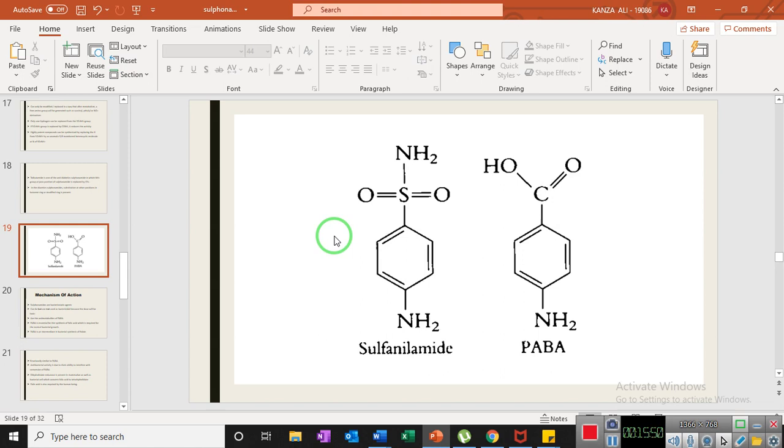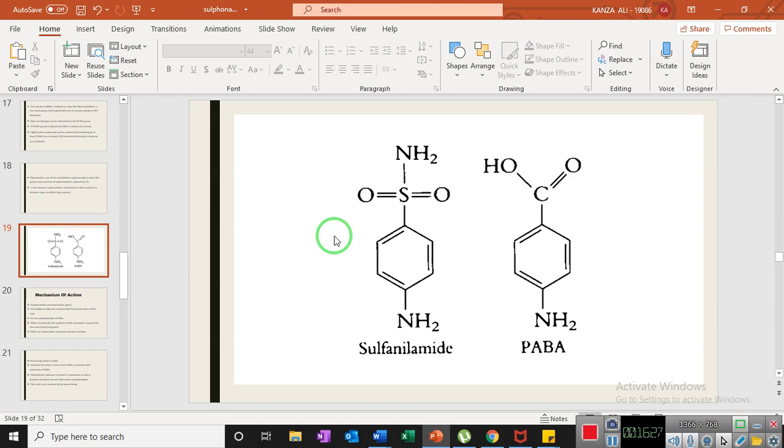Now this PABA is required for the synthesis of folic acid. I will very briefly give the mechanism. Pteridine with PABA is going to synthesize dihydrofolic acid. The enzyme is dihydrofolate synthetase.